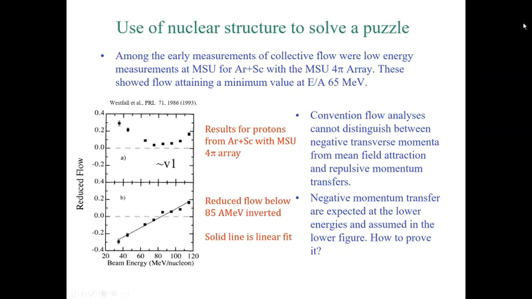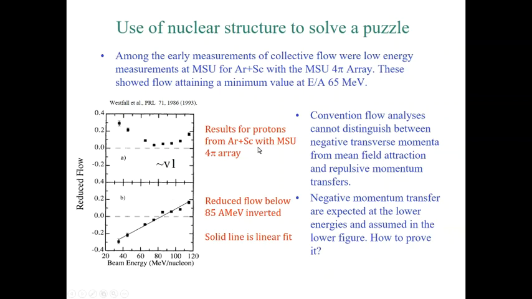And of course, he remembered that nuclei attract through the optical potential, so he just inverted it. He took everything here and flipped the sign. Then he varied the energy and found where it went to zero, and that was his disappearance of flow.